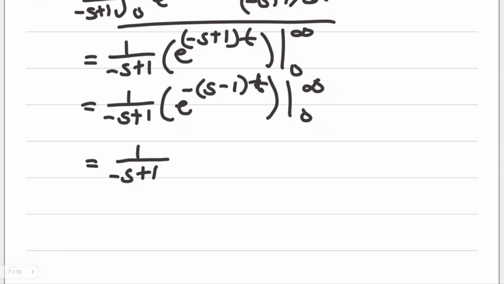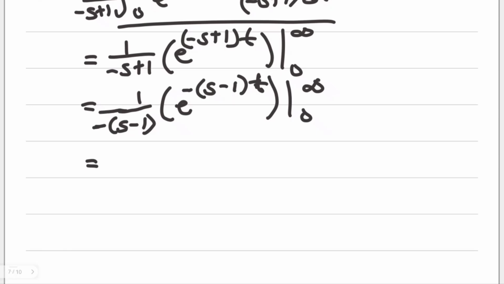Or if you would like this to be similar to this expression here, you can also factor negative 1 at the denominator. So you have 1 over s minus 1 now, as you factor negative 1 in your denominator. It would be the same as that.